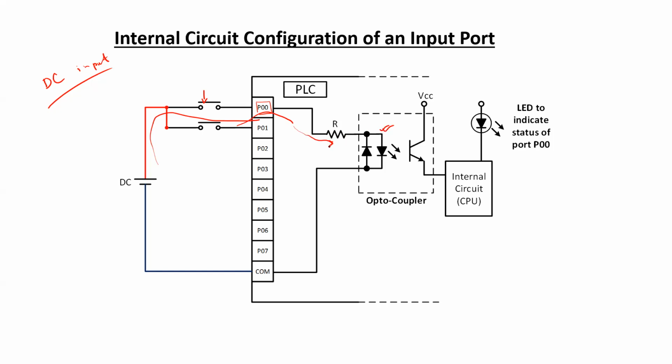And when this LED is turning on, the LED is going to emit some light towards the phototransistor, and the phototransistor is going to conduct current from its collector to emitter. And this VCC, this supply voltage which is associated with this phototransistor, is going to provide the necessary current towards the CPU or the other internal units.